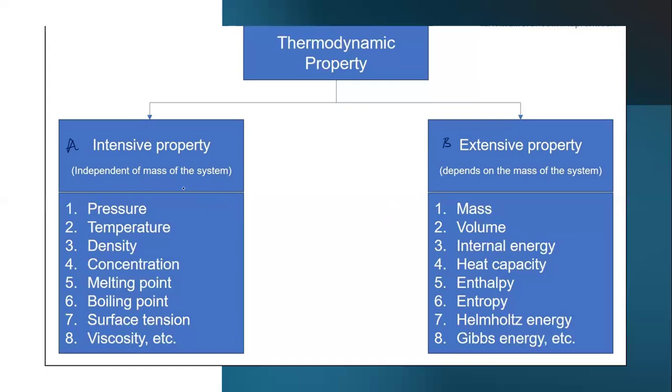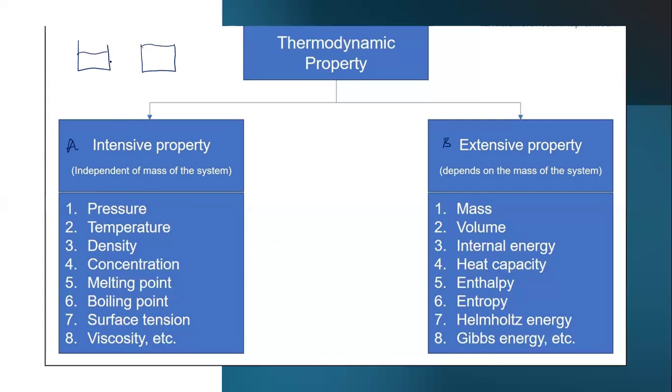When you have a chemical engineering process system, we have the properties inside of that system. But those properties, we say they are independent of the mass of the system. For an example, let's talk about the temperature. Just want to make sense out of this, okay? So if you have a liquid, this side and this side, say here you have less liquid, and in this side you have more liquid.